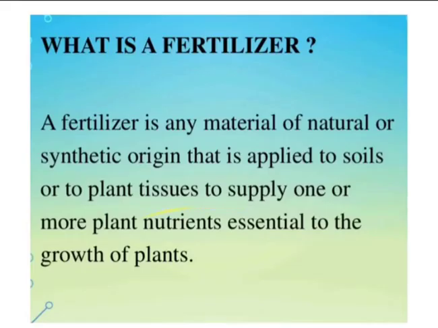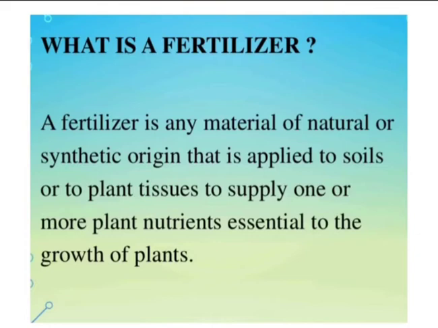Then, what is meant by fertilizer exactly? A fertilizer is any material, it may be natural or synthetic. That means natural means organic and synthetic means inorganic or artificially prepared fertilizers.